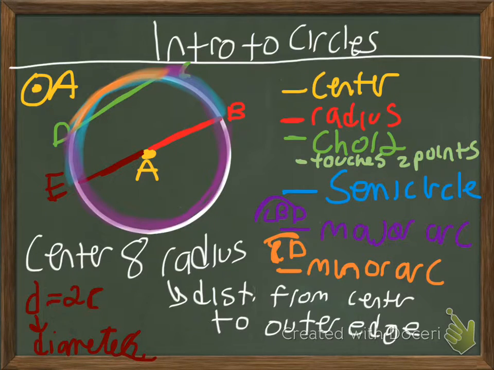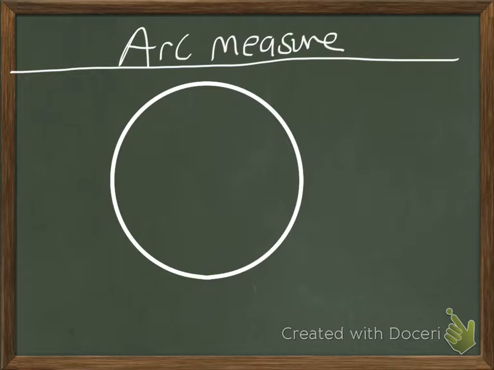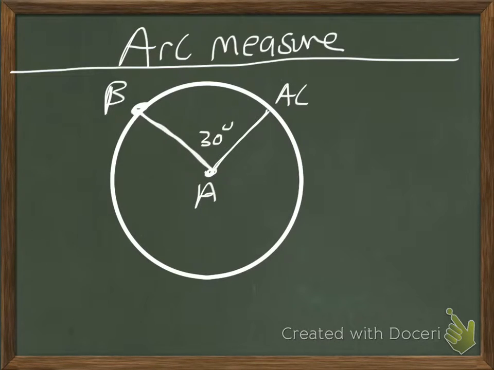All right, let's talk a little bit more about arcs. So let's say we still have circle A, and I'm going to give you a couple different things. Let's say I still have my radius here, AB, and I'm going to draw a different radius in here, AC. And let's say that that's 30 degrees. All right.